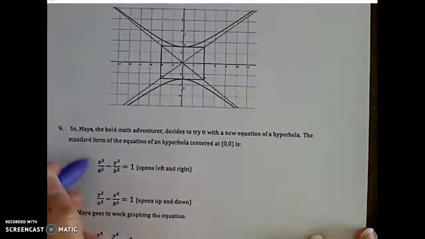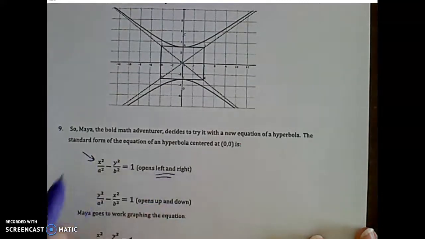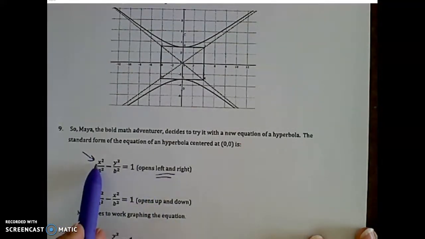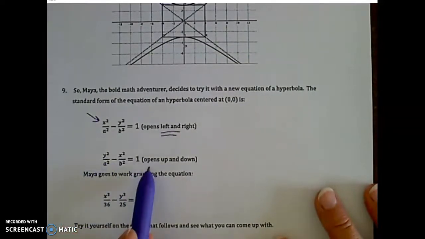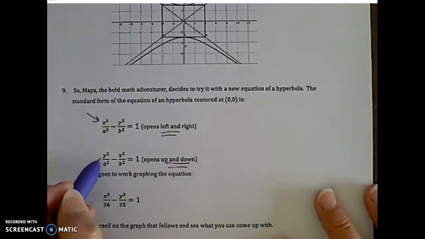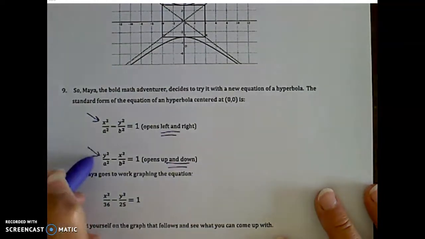This is a nice little reference right here. Please notice that if x squared is positive out front, your hyperbola will open left-right, like the x-axis is left-right. But if y squared is positive, then your hyperbola is going to open up-down like the y-axis, so that's easy to remember.